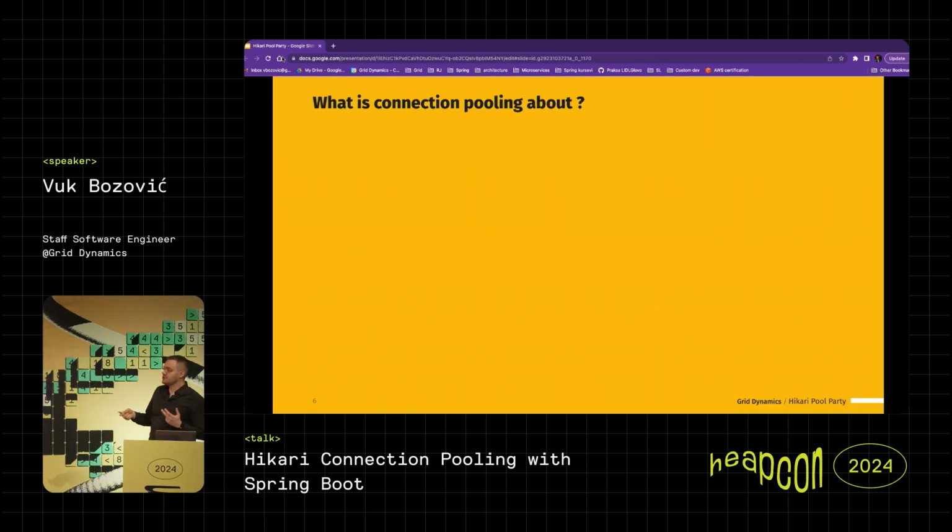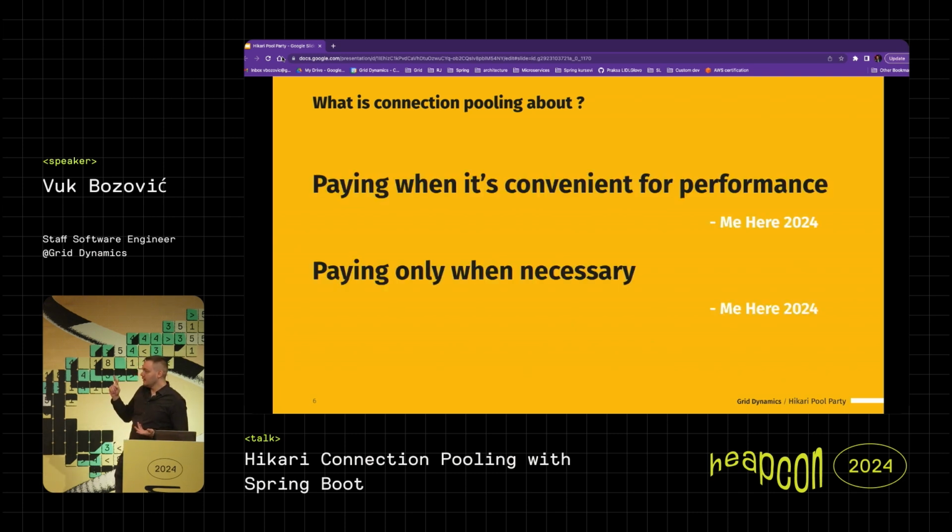Now we come to the question: what is connection pooling about? There are some definitions on the internet. They are usually along the lines of amortizing the costs of creating connections, which is fine, but that sounds like economics jargon to me, so I prefer to look at it in a different way. It's paying when it's convenient for performance and paying only when necessary.